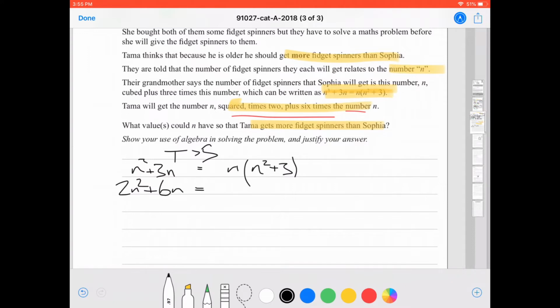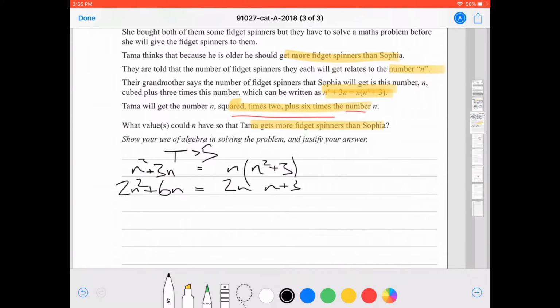Because they gave Sophia's equation in factorized form, we don't know if it's relevant yet or not. Let's just factorize it. 2n times n plus 3.